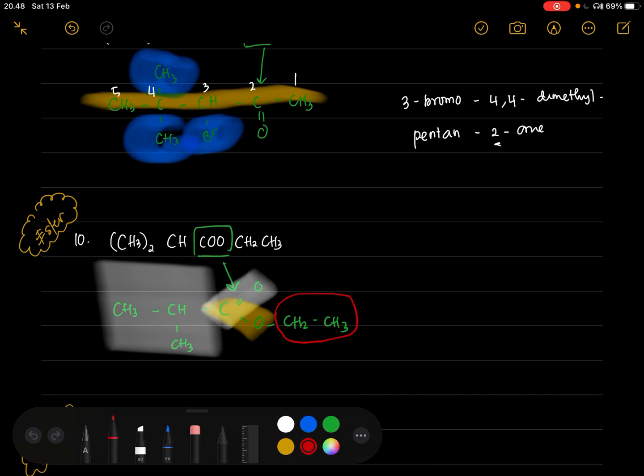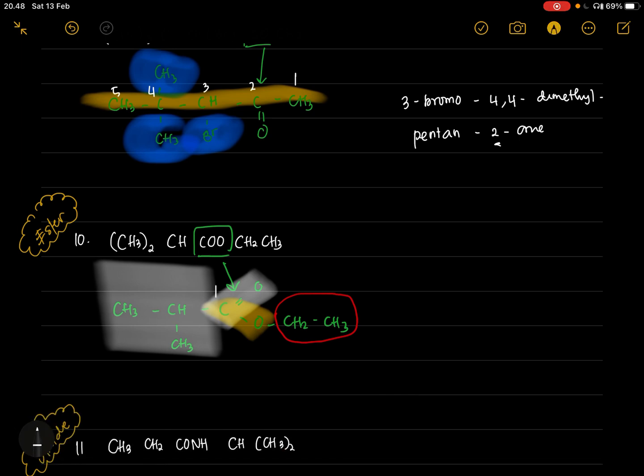Here we start the numbering: number 1, number 2, number 3. And then the naming would be, because we have 2 C's after the O, it is called the ethyl group. And then we also have the methyl over here.